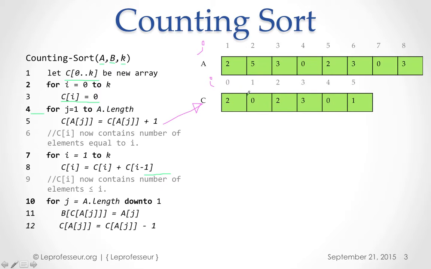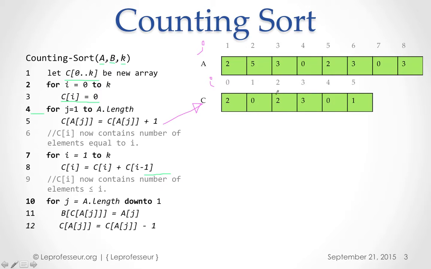Now let's go to position number 1 in array C. It has 0. It means, let's look at the input array A. Do we have 1 in the input array? No, we don't have 1. So we have 0 here, no element. In the same way, let's look at C of 2. We have 2 here.